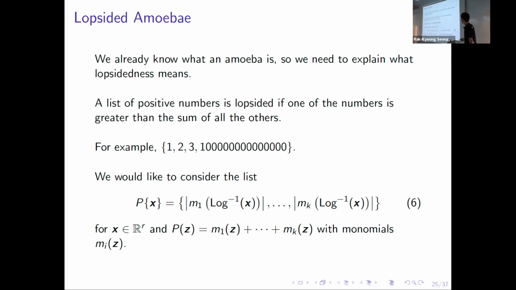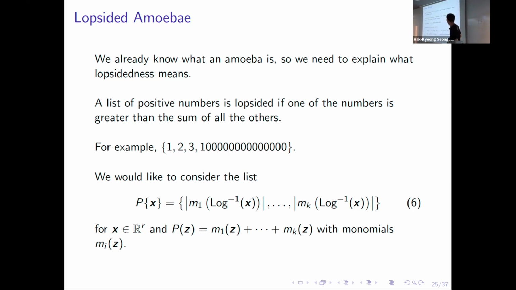Here this is complex, but here this is a real list. I'm just using the same letter P. This is a real number, always a real number. Log inverse is a vector, and M1 is a number.